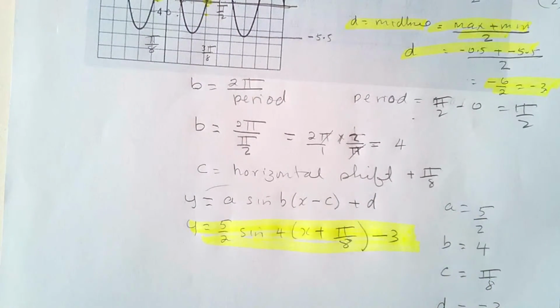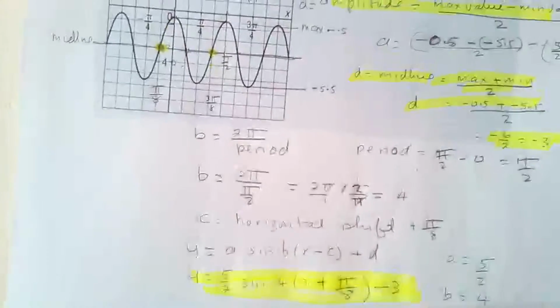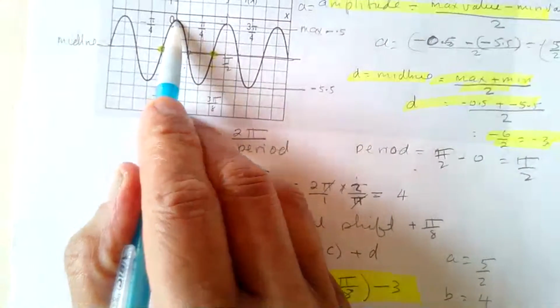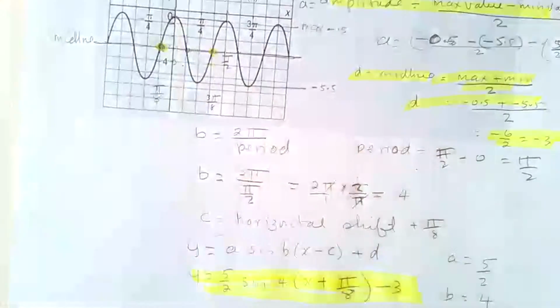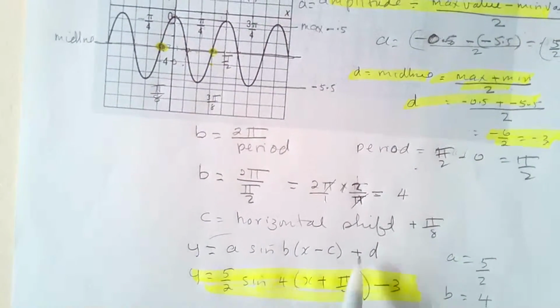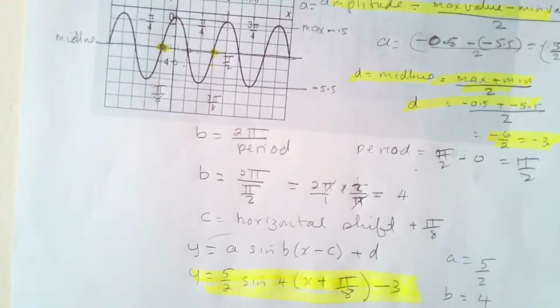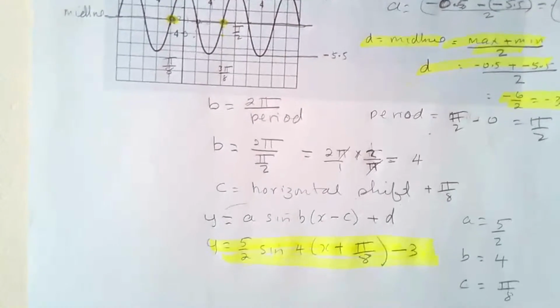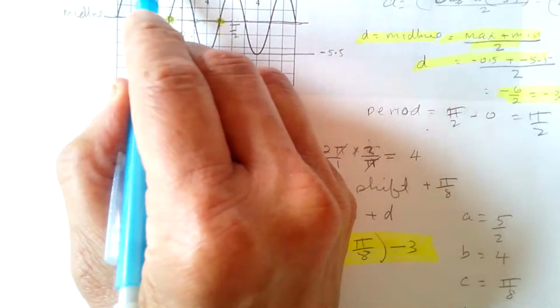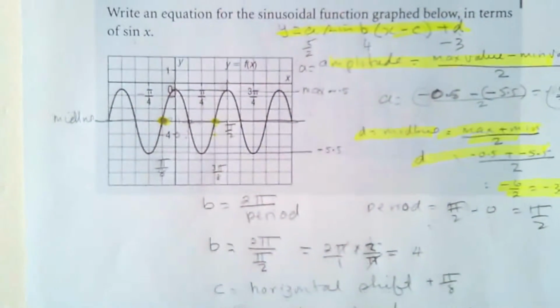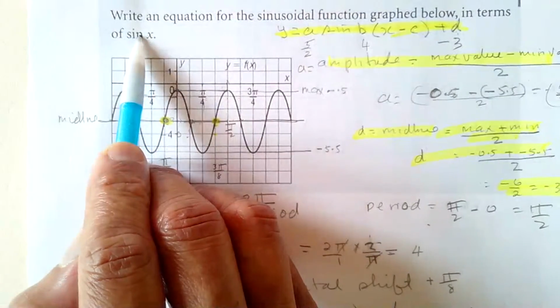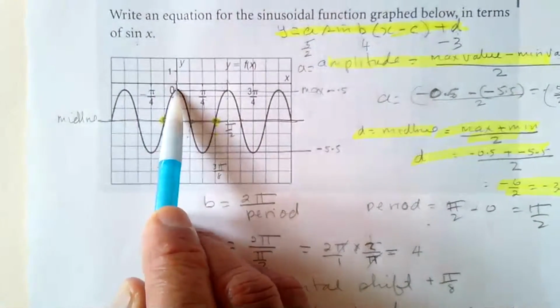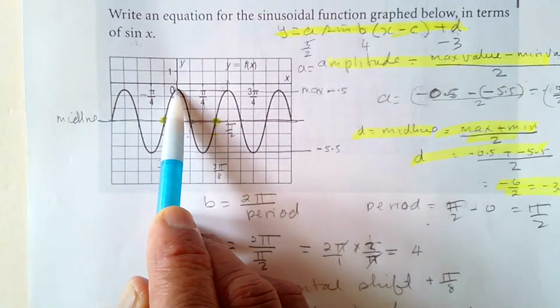Now you can write it as a cosine function too. This could have been written as a cosine, but now it's starting from here. Switch it around, then this would be 0, and it would be the same function. In other words, if they asked you for this to be written as a cosine instead of sine, cosines start from the y-intercept, the maximum value here.